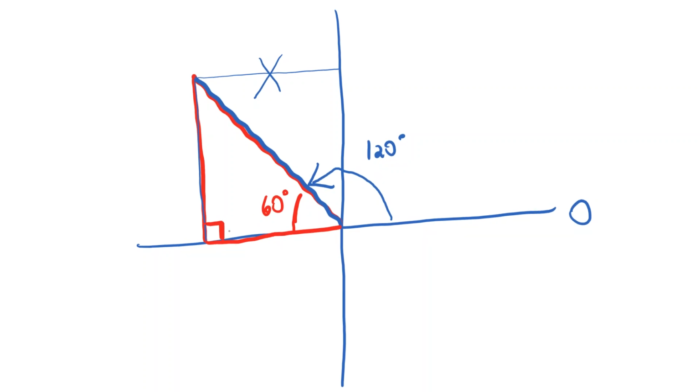And this is 90, this is 60, so this up here has to be our 30. Now this is a 30, 60, 90 triangle. So let's work with a hypotenuse of 1 to make things simple. So let's say the hypotenuse has a length of 1. If that's the case, then the short leg, the leg opposite the 30, is a half, and the long leg is the square root of 3 over 2.